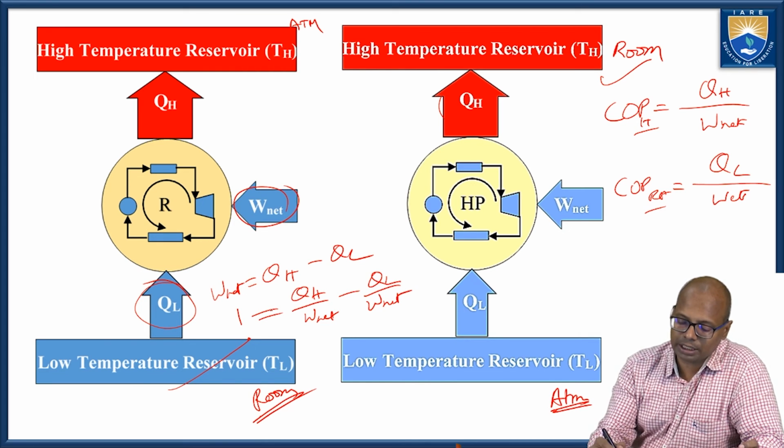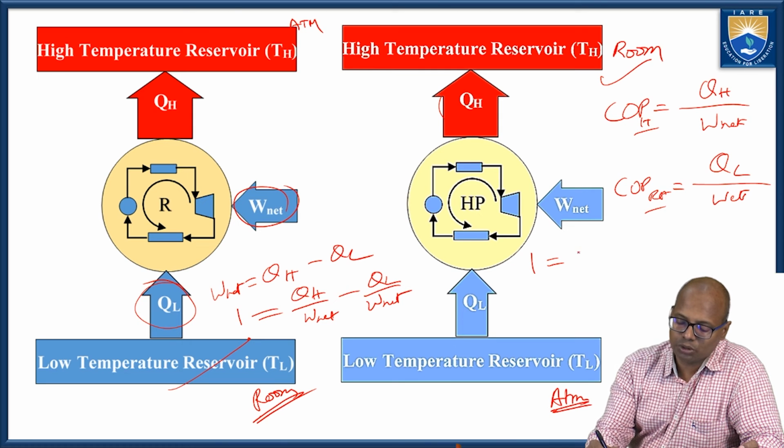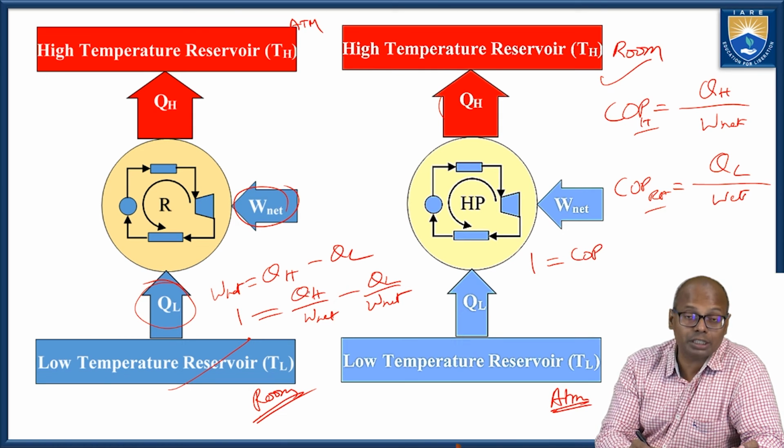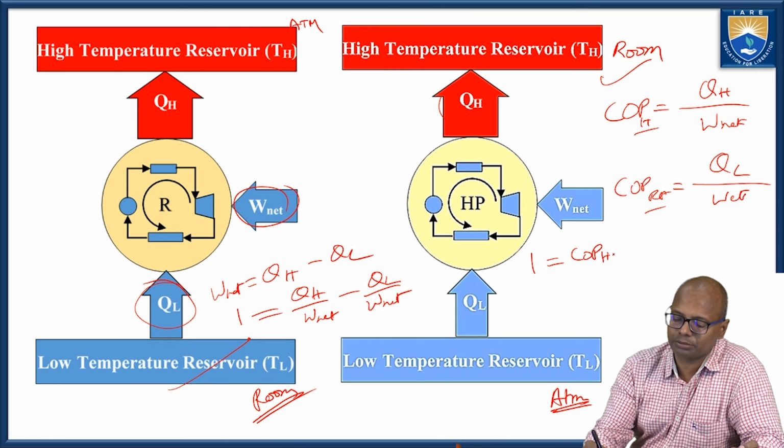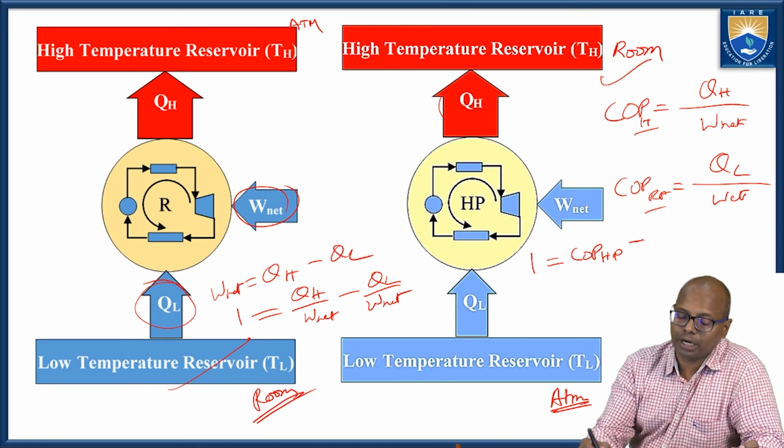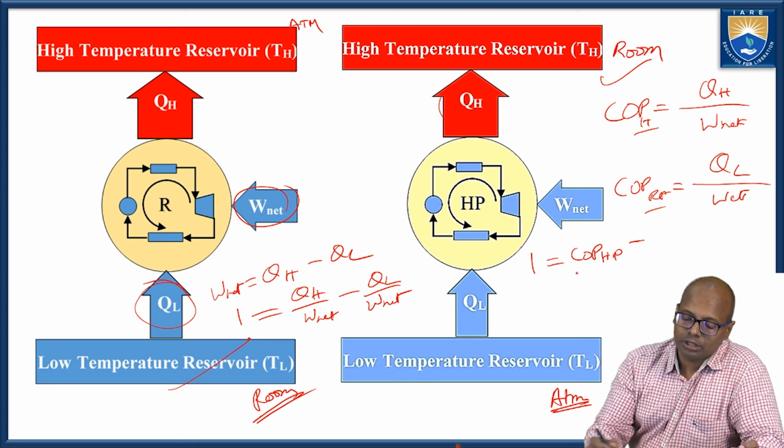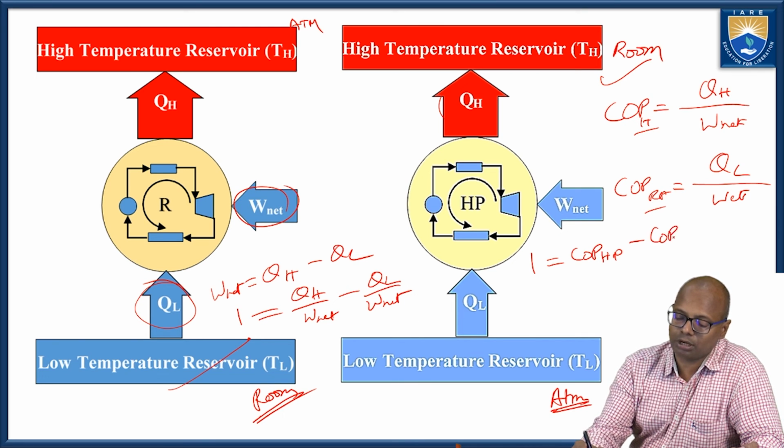So 1 is equal to QH by W net, which is nothing but COP of heat pump, minus QL by W net, which is nothing but COP of refrigerator.